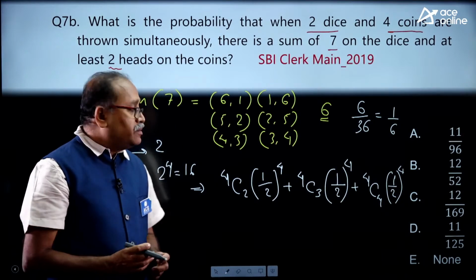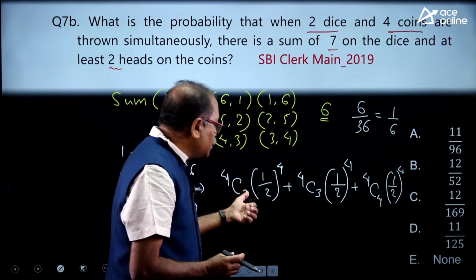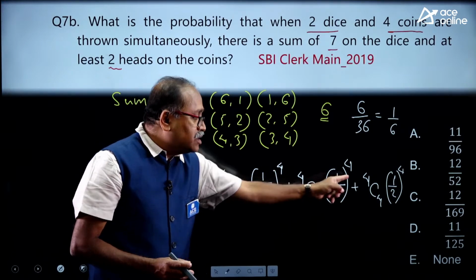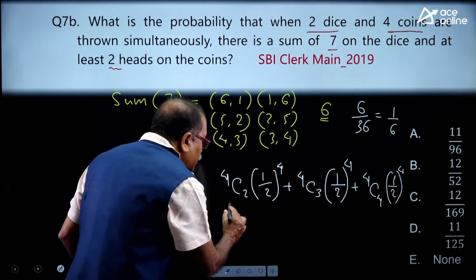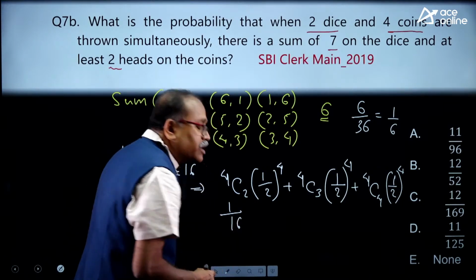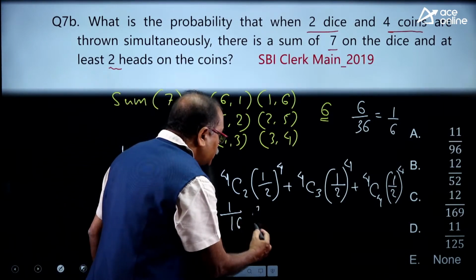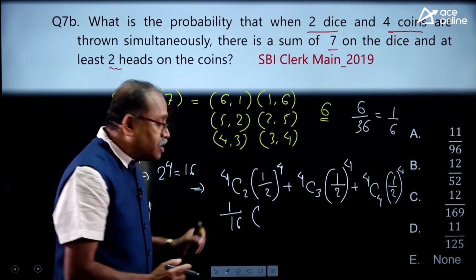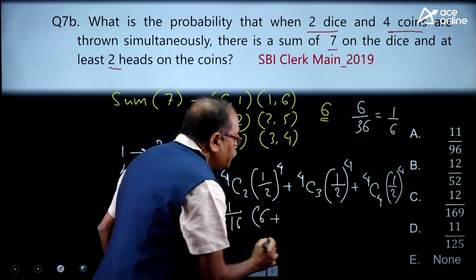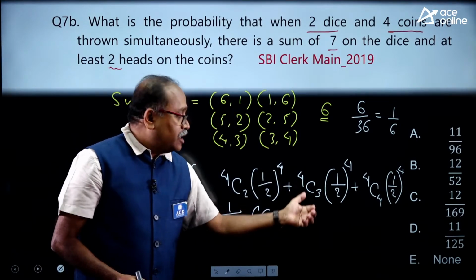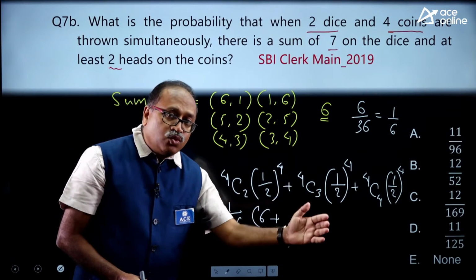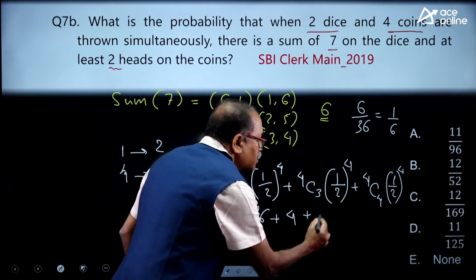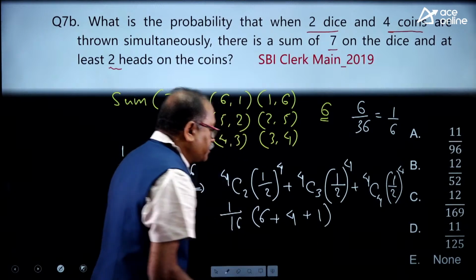Now solve it and tell me. 1 by 2 to the power 4, which is 1 by 16, is common in all the cases. So I will take 1 by 16 common over here, and then what is the addition here? 4C2 is nothing but 6, plus 4C3, which can also be written as 4C1, that gives us 4, plus 4C4, that is 1.